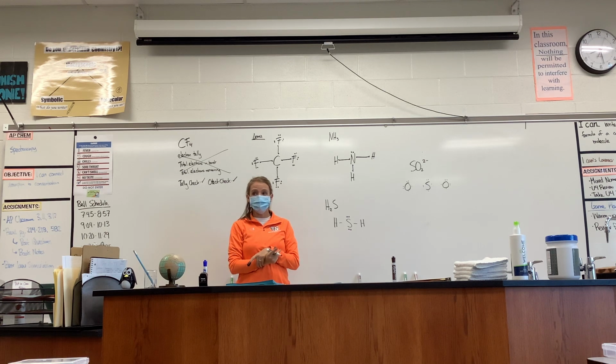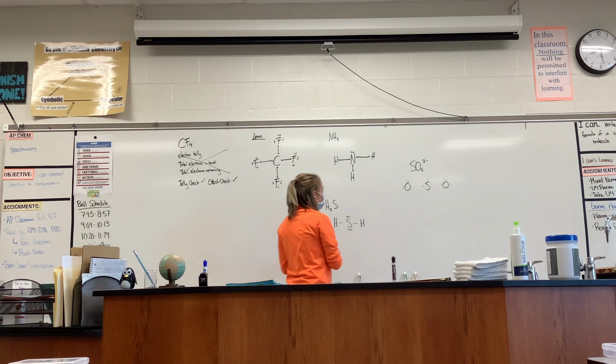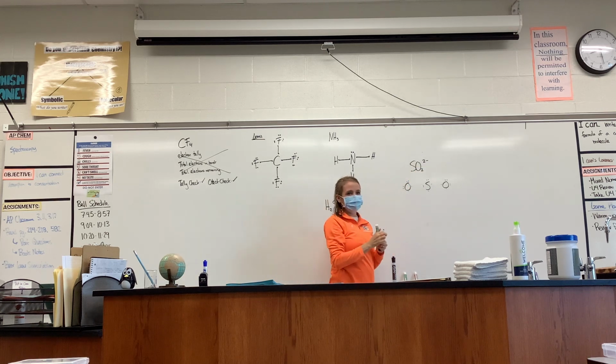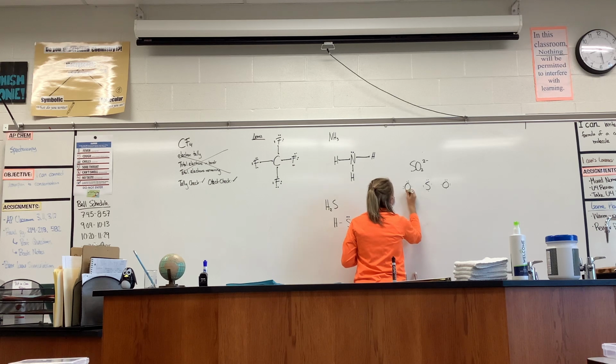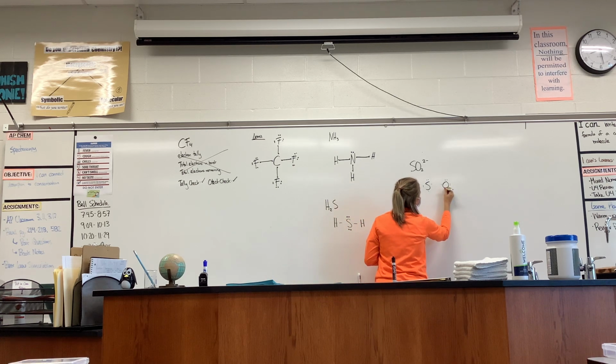Now in this case though, we don't want to forget, what does the 2- mean? 2 extra. So we're just going to add 2 extra electrons to the outside atoms.